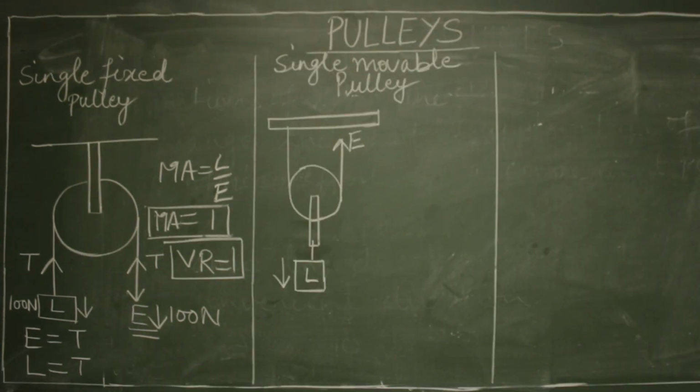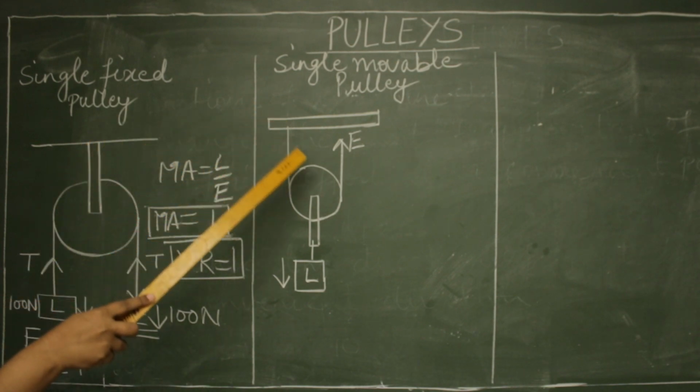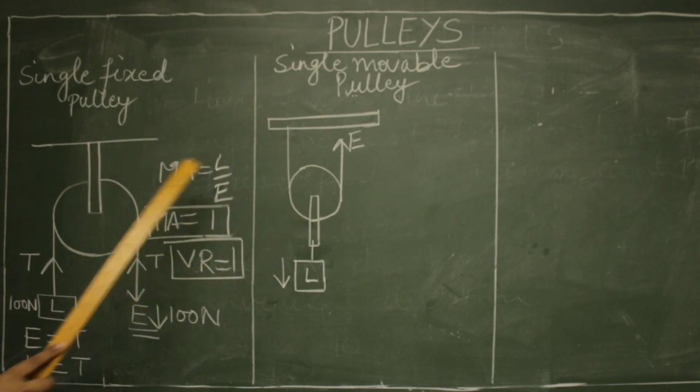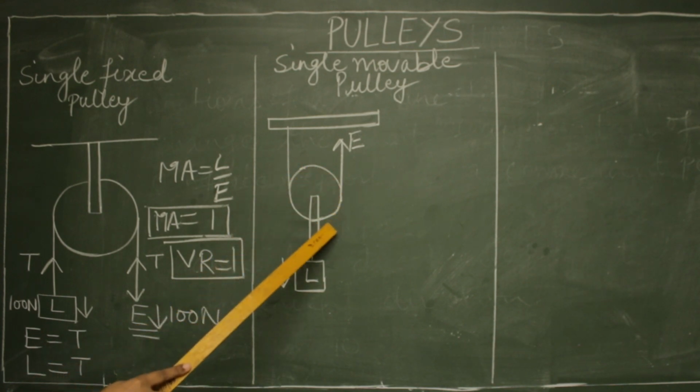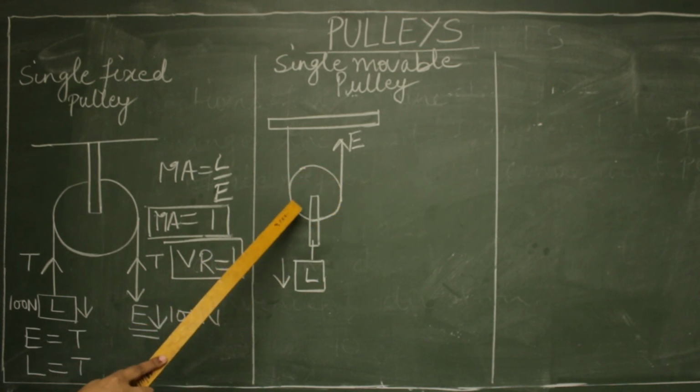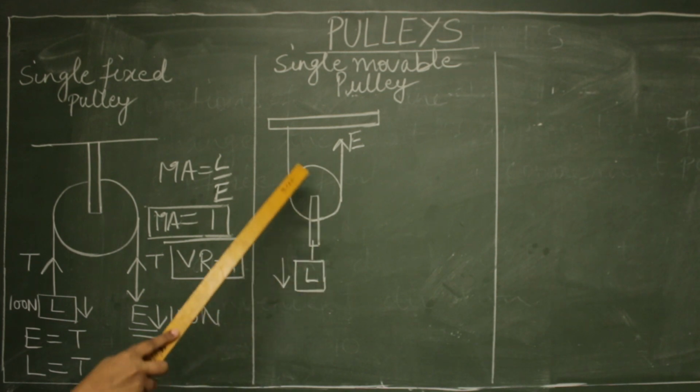This is the diagram of a single movable pulley, and if you compare the first diagram for that of single fixed pulley with that of single movable pulley, what difference do you observe? In the first one, the pulley, that means the wheel, was fixed, but in the second one the wheel is not fixed. The pulley will move, it is movable.